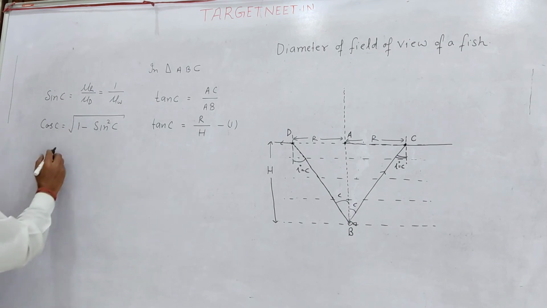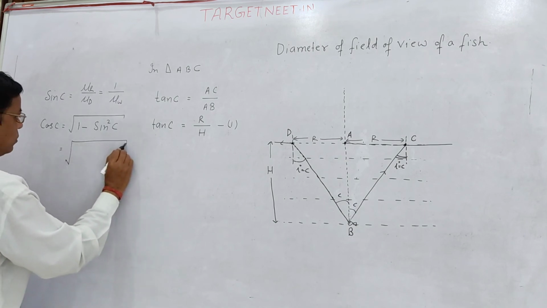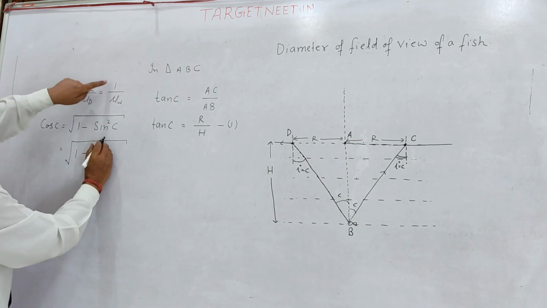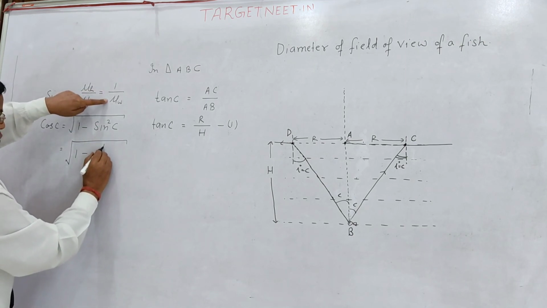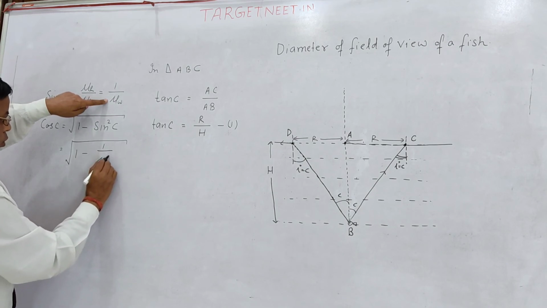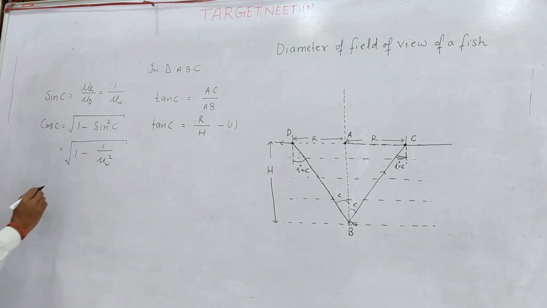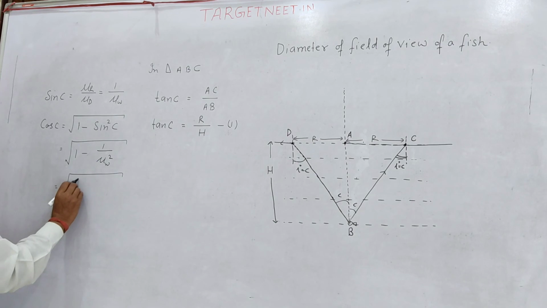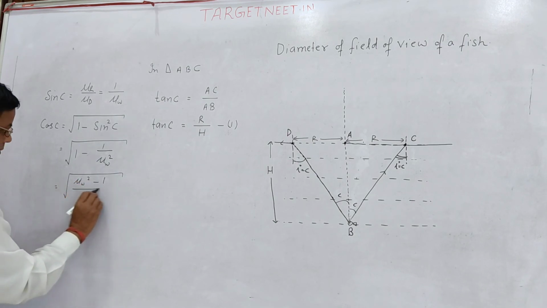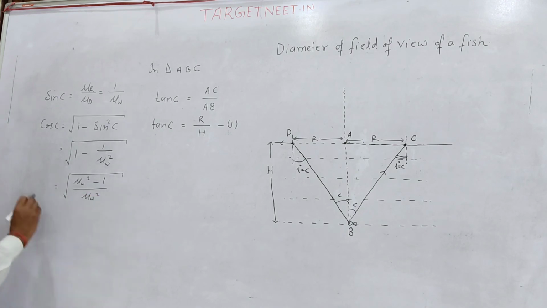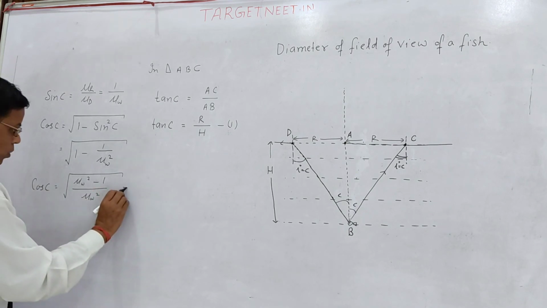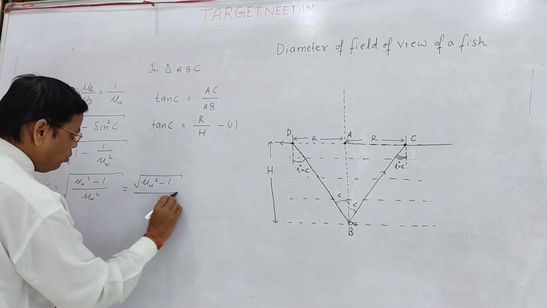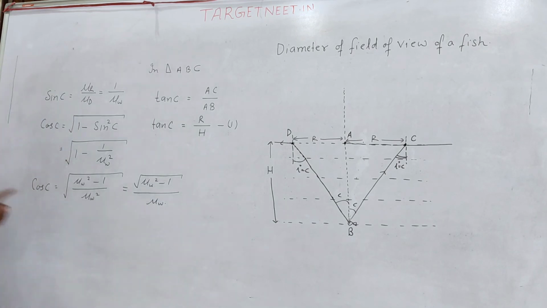Now at place of sin square C we can write 1 square over mu water square. You may write it like this also: mu water square minus 1 divided by mu water square, or under root mu water square minus 1 upon mu water. So this is cos C.